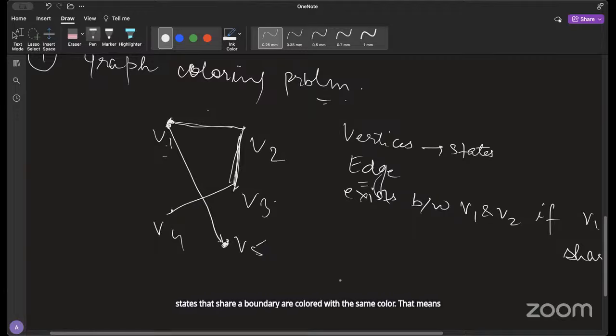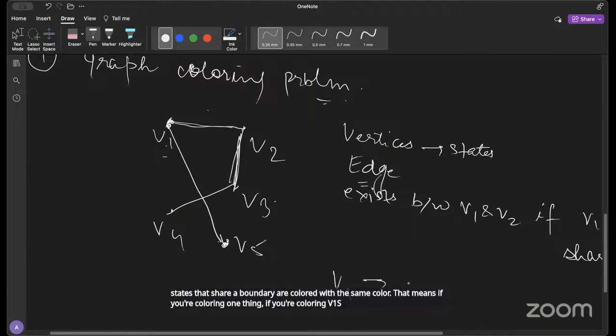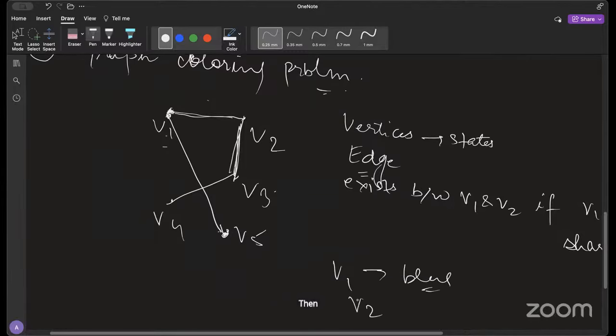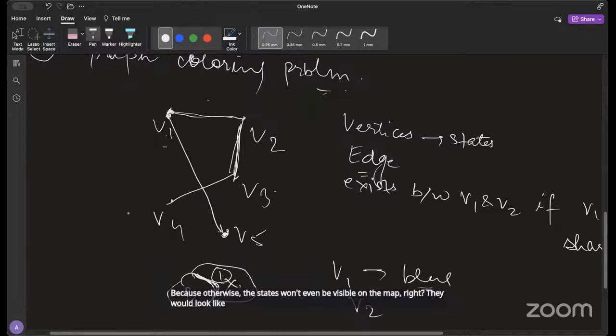That means if you're coloring V1 as blue, let's say, then V2 you shouldn't color with blue because they share a boundary, right? Otherwise the states won't even be visible on the map. They would look like one state only.